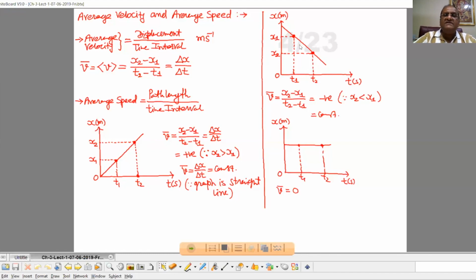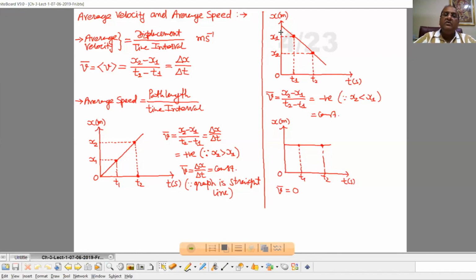Now let's think about this second graph. That is also a straight line graph, but that straight line is moving downward from the y-axis towards the x-axis. Now, again, if we take any two points on the graph, corresponding to time t1 the position x1, and at time t2 the position x2, and then we calculate average velocity, x2 minus x1 upon t2 minus t1, here x2 is less than x1, so it will be negative.